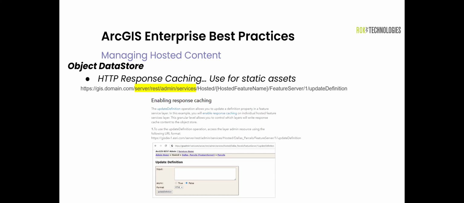But the recommended approach is to have a dedicated server site for map services. For example, some DOT organizations will have dedicated server sites for their roads and highways integrations. Airports will have dedicated server sites for indoors.